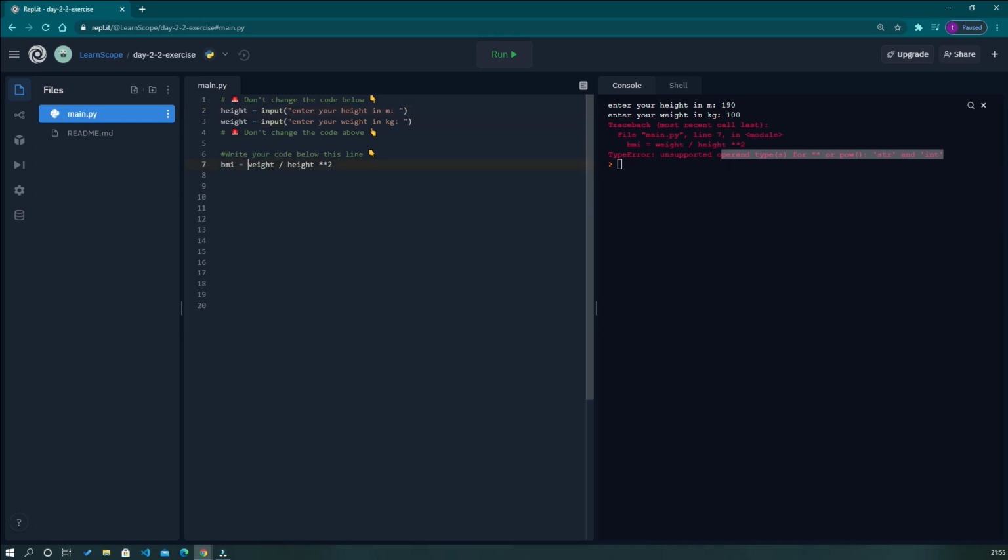Weight is in kilograms. Let me convert everything to float. Float. Float. Okay. 190, 100. What's going on?